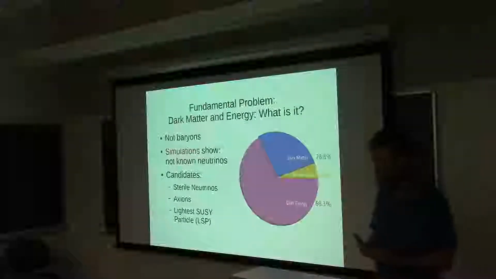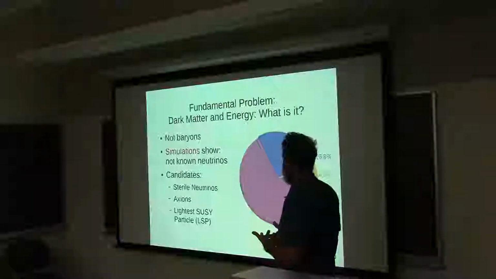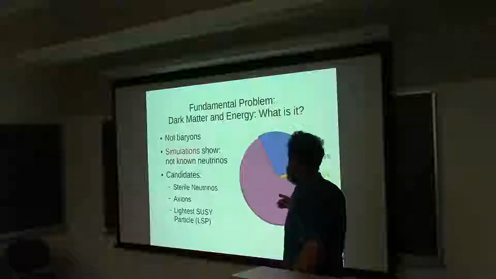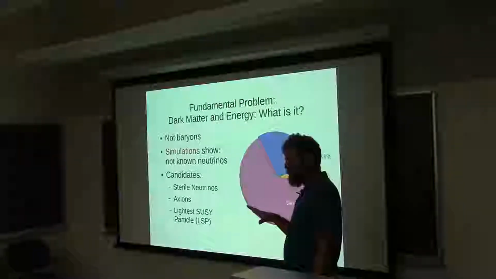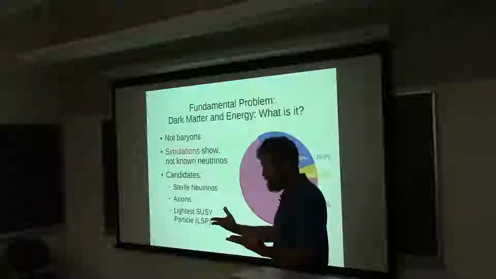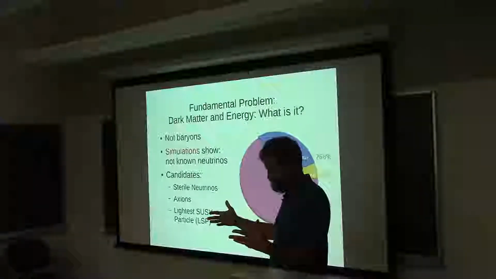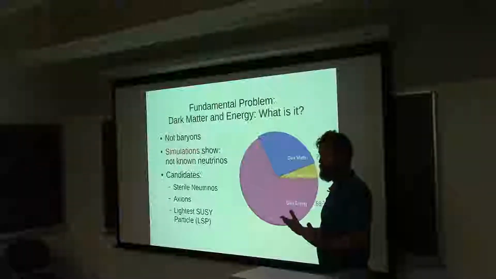What are the constraints on MACHOs? So you're saying that it's not part of the standard model, but what is? I guess the main constraint on MACHOs is at the epoch of the CMB, right?